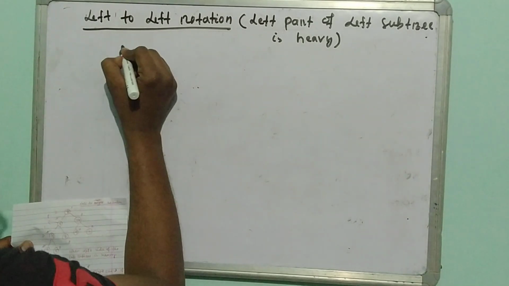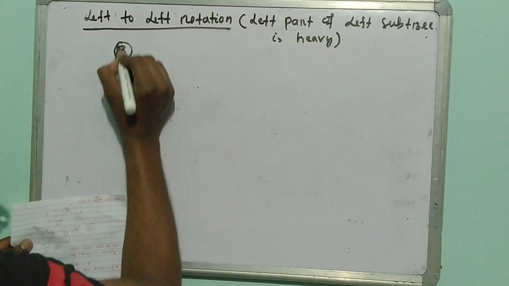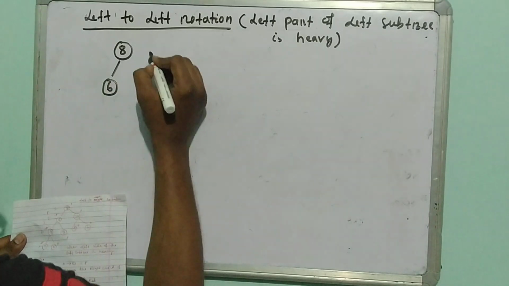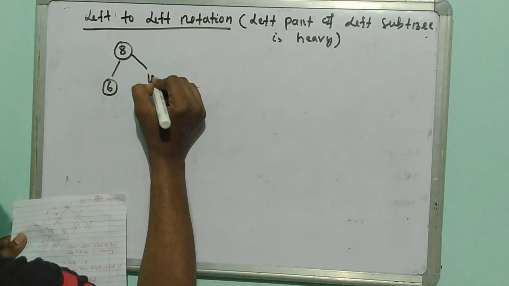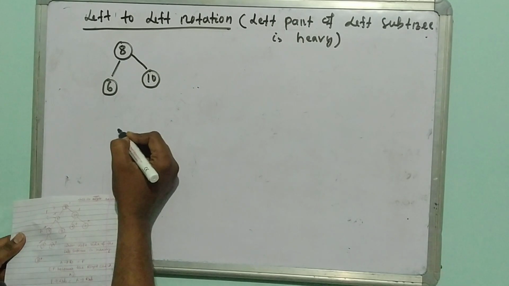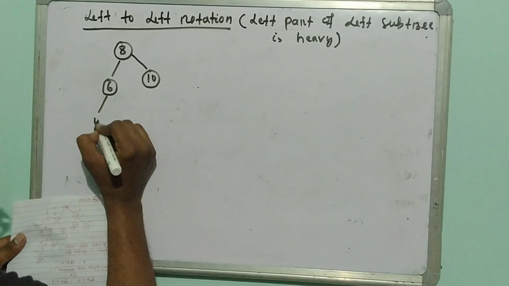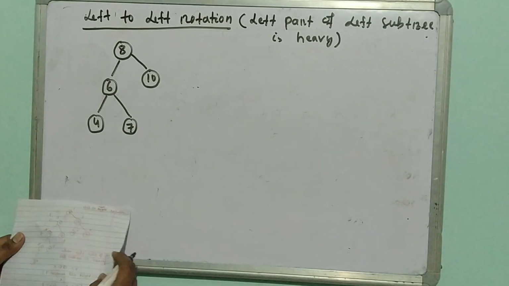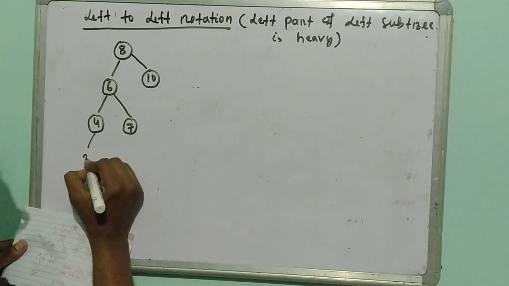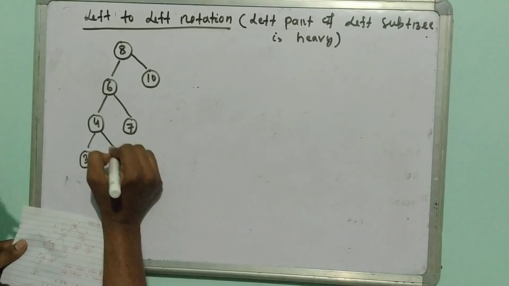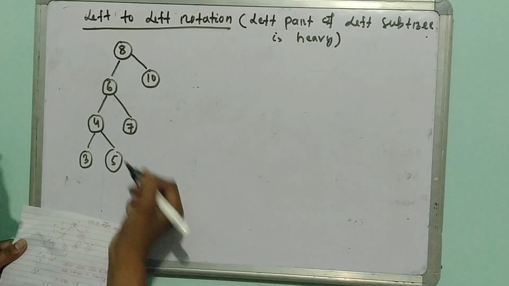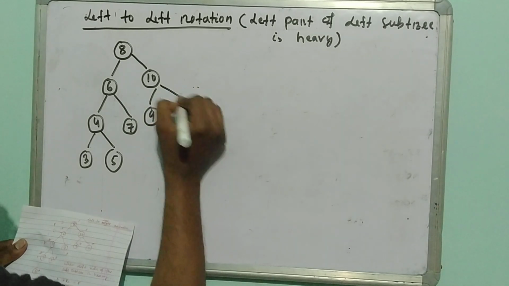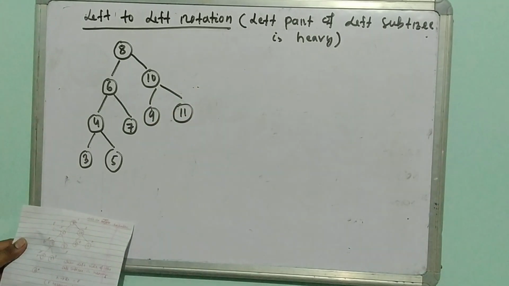So let's have a tree. It is obviously a binary search tree: 8, 6, this is 10, this is 4, this is 7, this is 3, this is 5, and this becomes 9, this becomes 11.